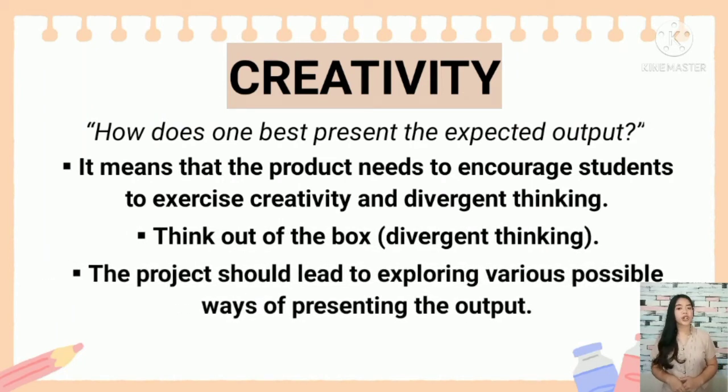The project should lead to exploring various possible ways of presenting the output. Even in the making of the project, the creativity of students comes out, and it can be shown if they show their creativity in presenting their completed work or project.